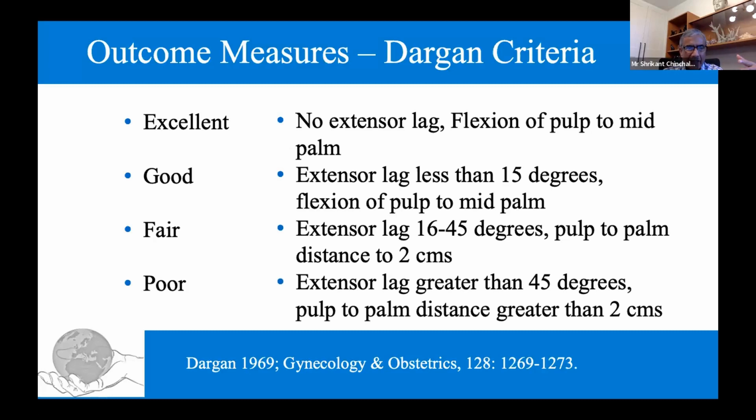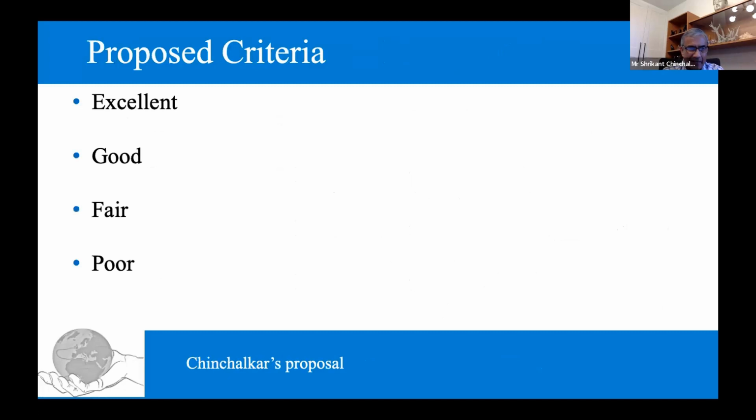And poor was if the extensor lag was much greater than 45 degrees and pulp to palm distance was greater than 2 centimeters. However, looking at these criteria and applying them to injuries in the vicinity of the extensor retinaculum, or injuries from mid zone 6 to zone 8, this criteria is totally not suitable to look at the outcome measures of these patients who have had tendon repairs.